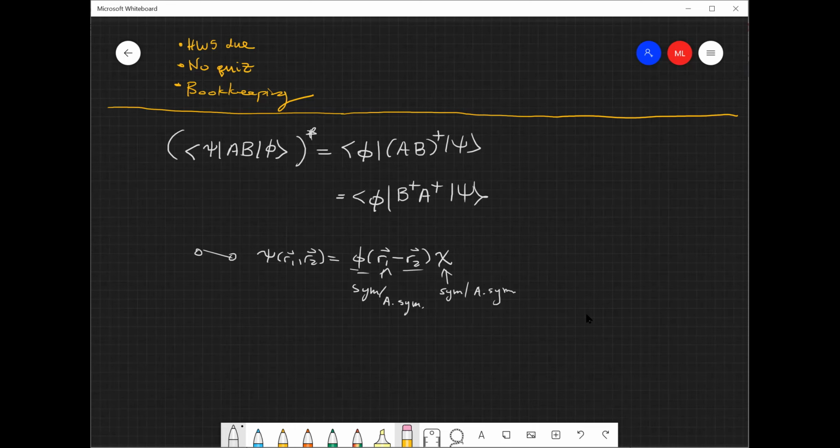You can only do that if orbital angular momentum, L, is a good quantum number, meaning that we can diagonalize our Hamiltonian using the YLMs, basically. So that's normally the case, but sometimes it's not.